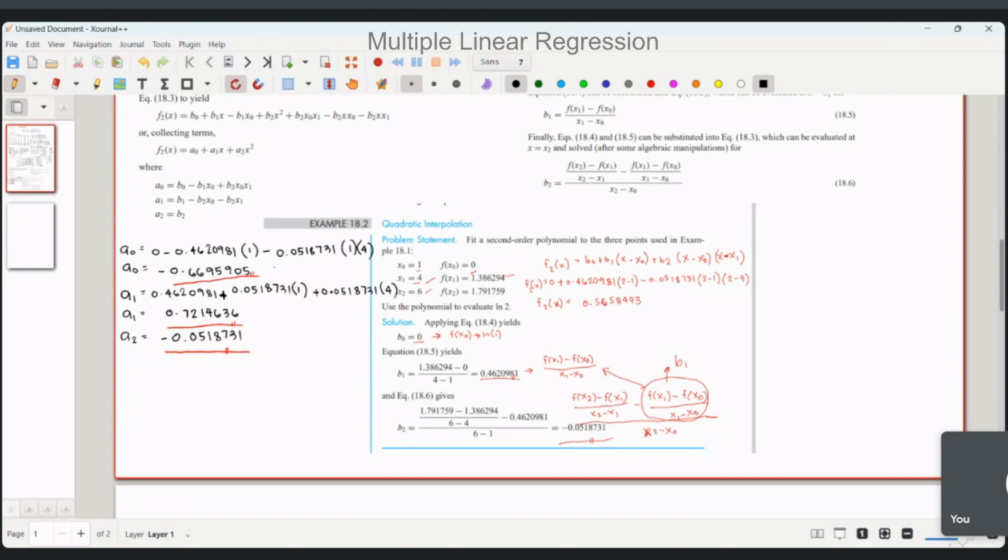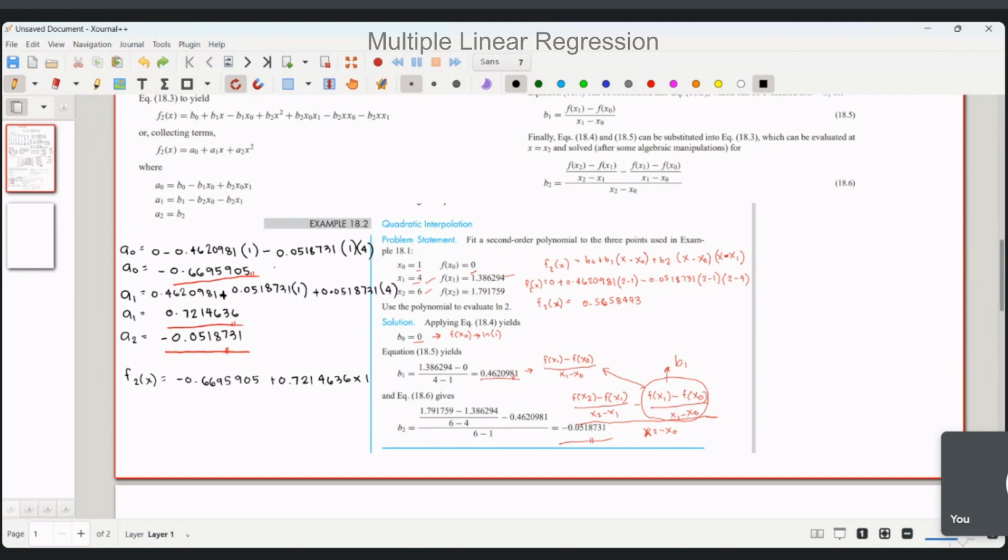So F2 of x. So that's A sub 0, negative 0.6695905, plus 0.7214636 and asa man x, plus A2.